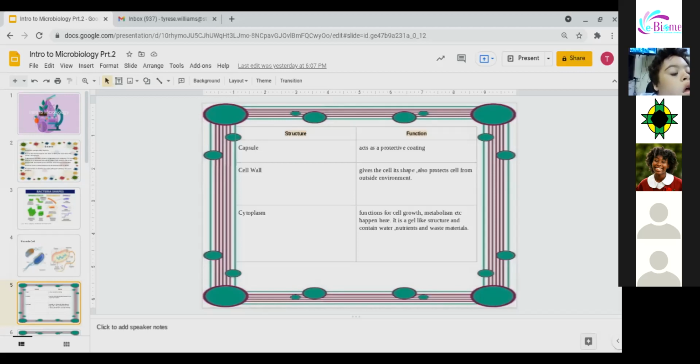So we say that the cytoplasm functions for cell growth and metabolism. So the functions for cell growth and metabolism happen here. Inside the cytoplasm is where the ribosomes create protein.